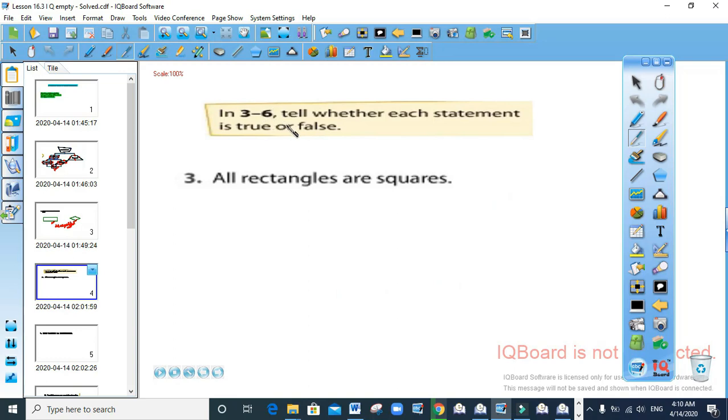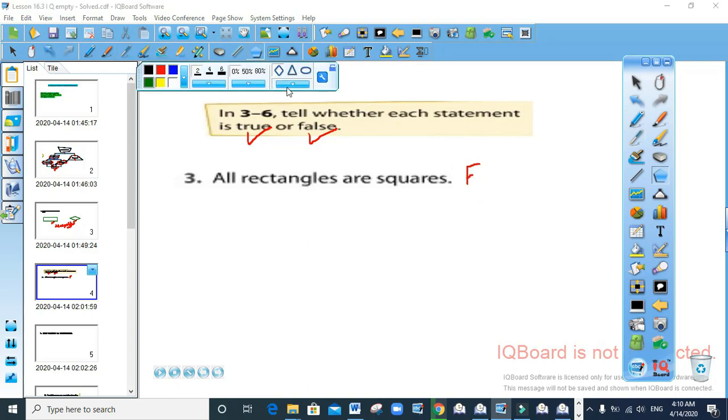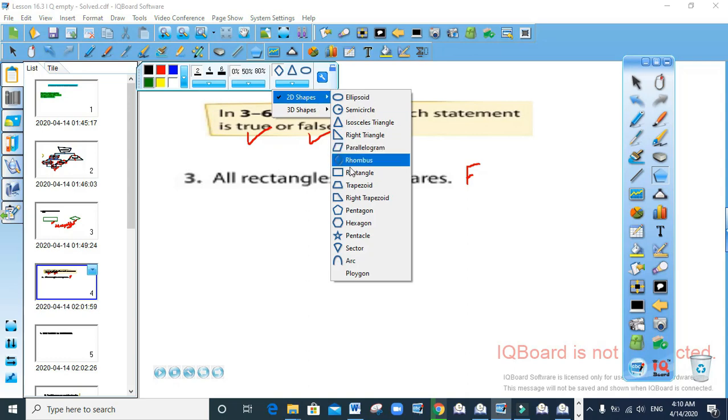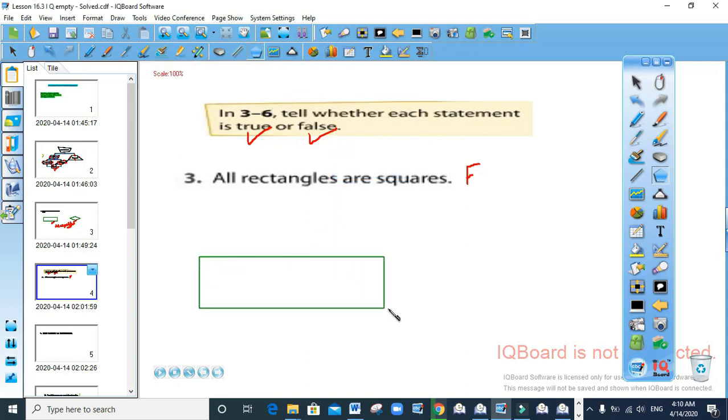In question 3, he's asking us to say if it is true or false. All rectangles are squares. No, not for sure. This one is false. Why is it false? Because here, as you see, this is a rectangle. If I stretch this rectangle, the sides are not all equal.